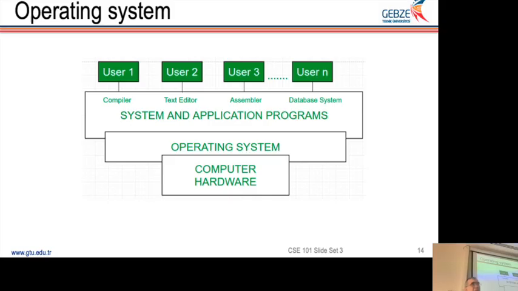Then there are other applications connected to the operating system, which come with the operating system itself, like utilities, etc. And users are connected. Users are using those system and application programs individually. So this is what happens generally with the operating system today. Any questions?